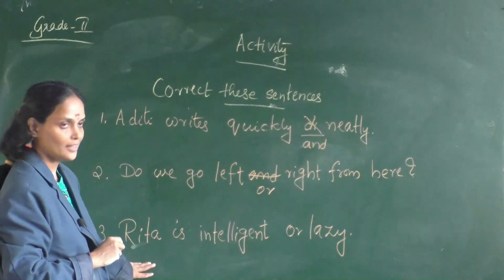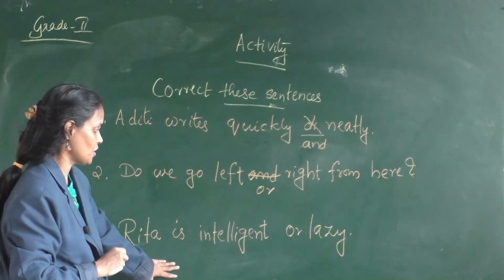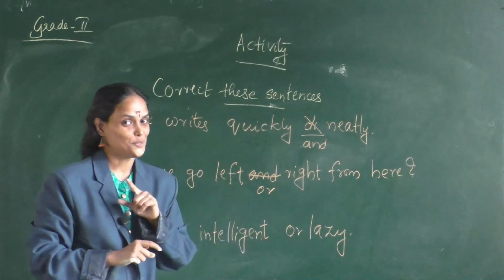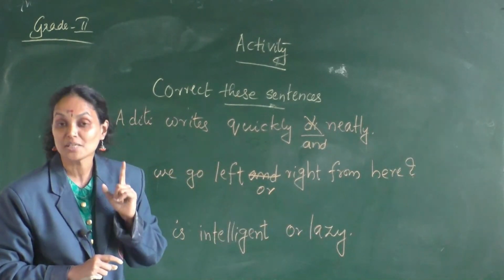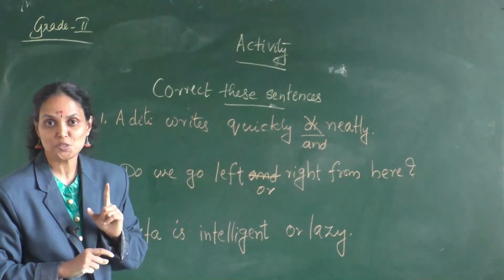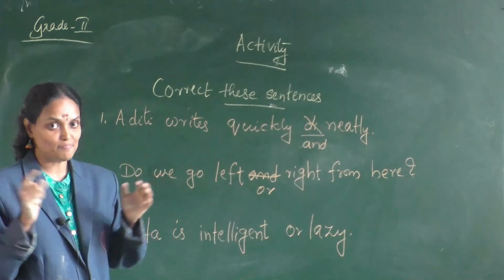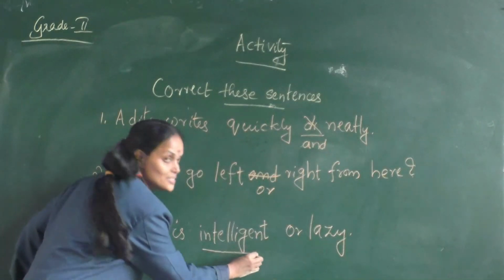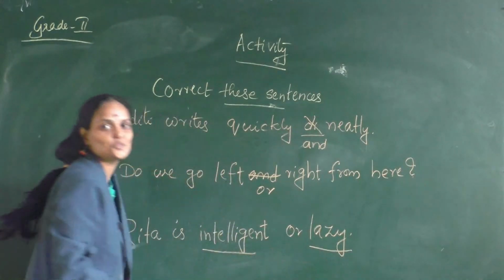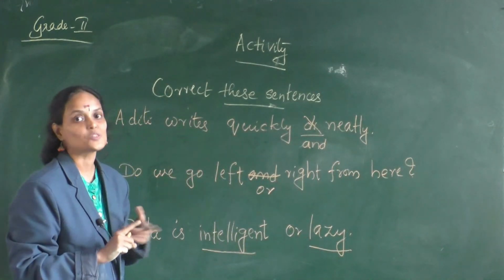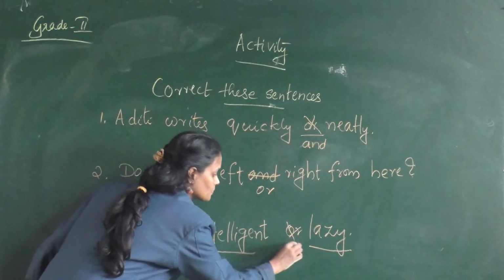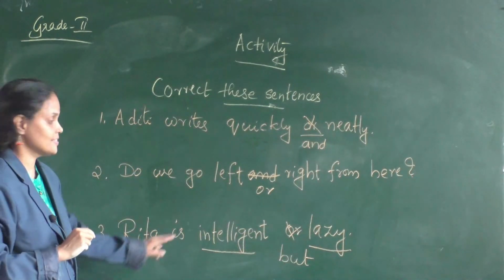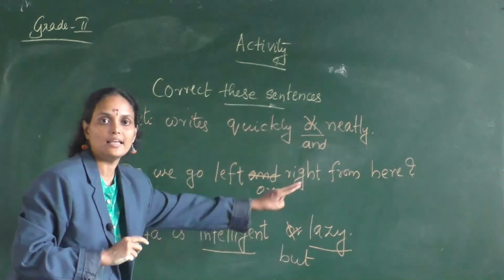Third one, Rita is intelligent or lazy. I told you the conjunction but is used to combine two opposite ideas: intelligent and lazy, two opposite meanings. So, we should use but. Rita is intelligent but lazy.